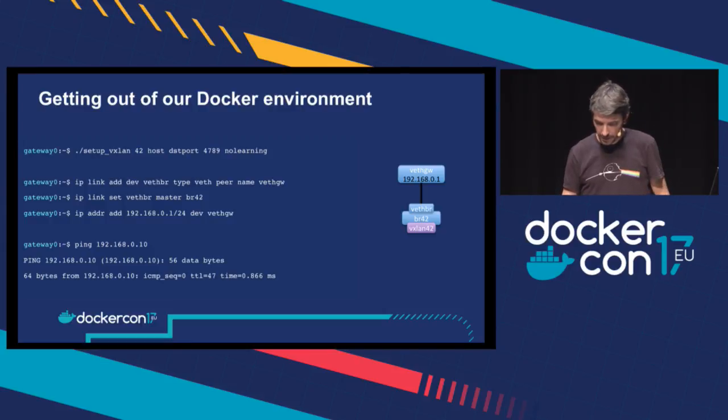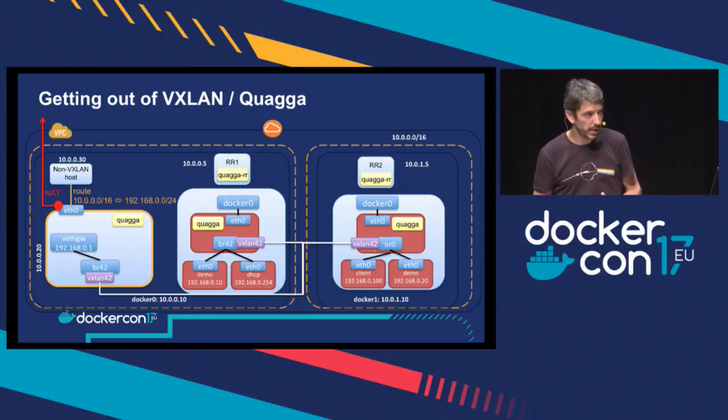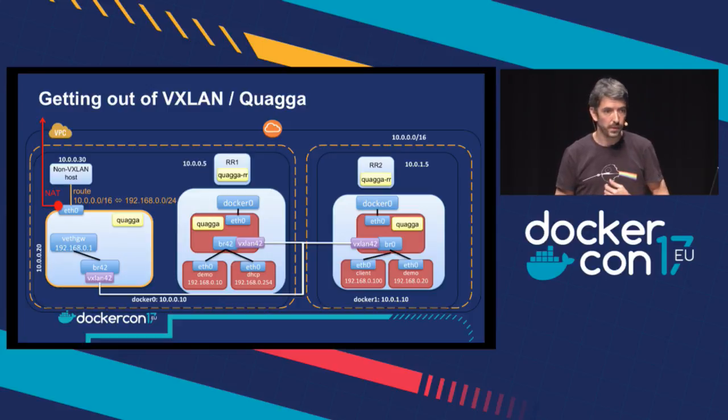Okay. So now we've got out of our Docker environment, but what we've done requires having a VXLAN interface, a bridge, and Quagga on the host. So it's nice, but what if we want to access the outside world where there's nothing regarding Quagga or VXLAN? So what we're going to do now is connect to a host that has no BGP information at all, no VXLAN information at all.